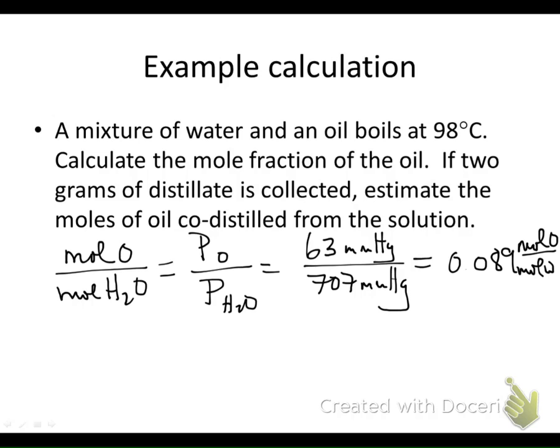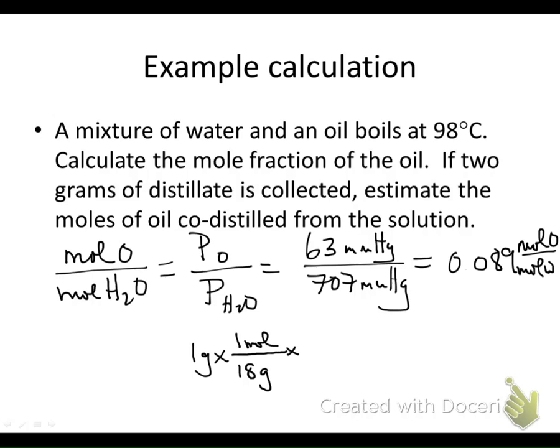So if you had, let's say, 1 gram of distillate, and we make a simple assumption that it's about 100% water, because it's reasonably close to that, it's 18 grams for every 1 mole of water.